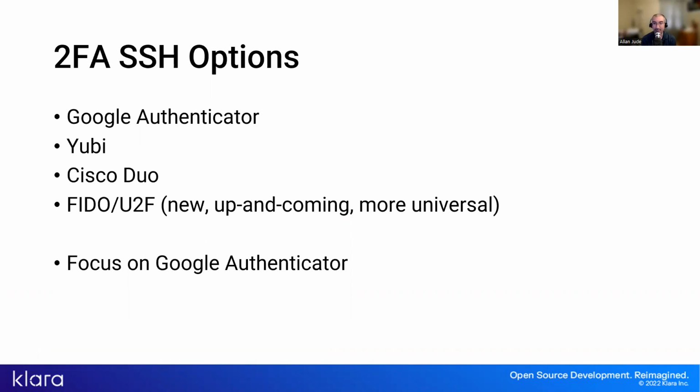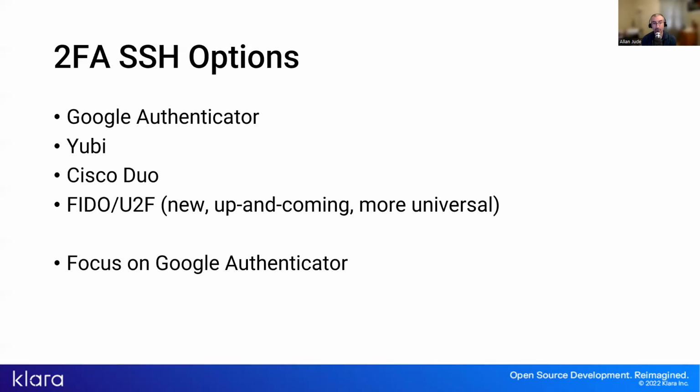Another option is a physical token like a YubiKey or other similar devices. And these provide secure storage for something like the SSH key and provide some other way to authenticate that you have this token and proof that you have this second factor.